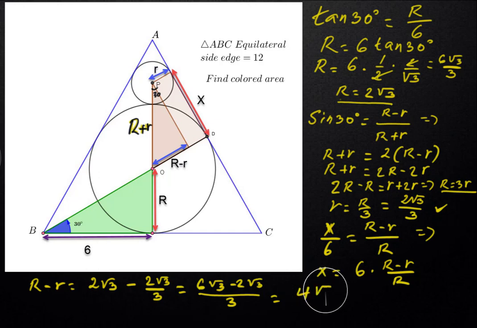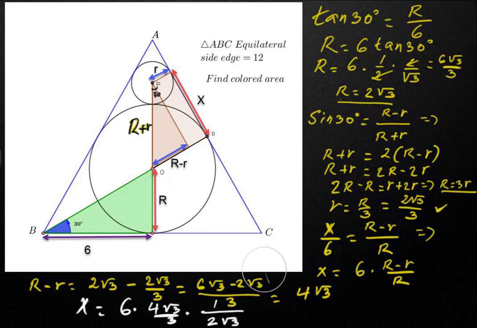So that will be capital R minus small r. Now we have to find the value of x. I'm going to use another color to make the difference because it's becoming crowded here on the screen. So x is equal to 6 times r minus r, which is 4 square root of 3 over 3, all over big R. Big R is 2 square root of 3.